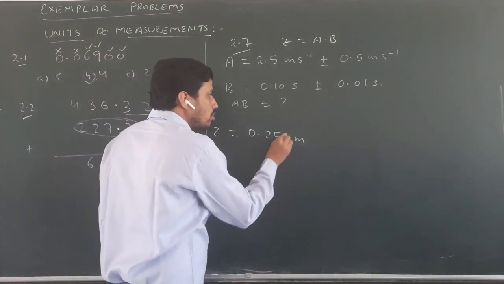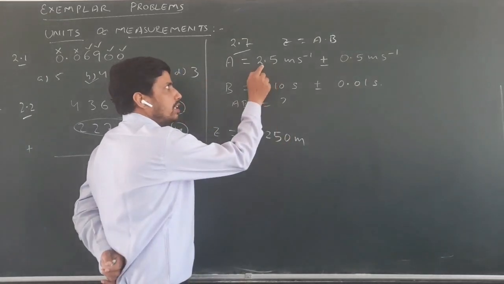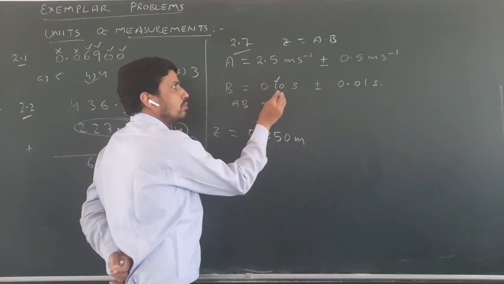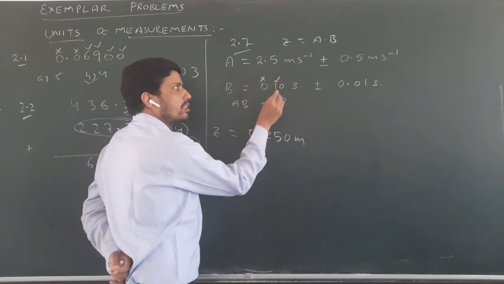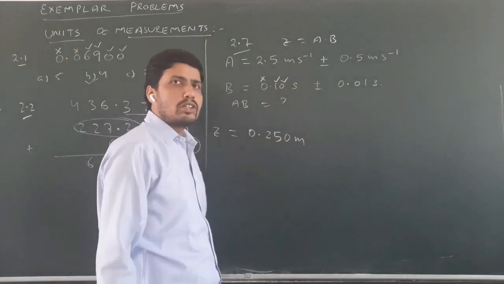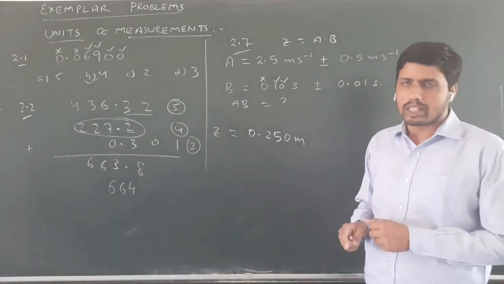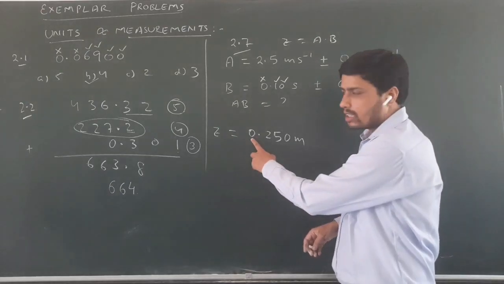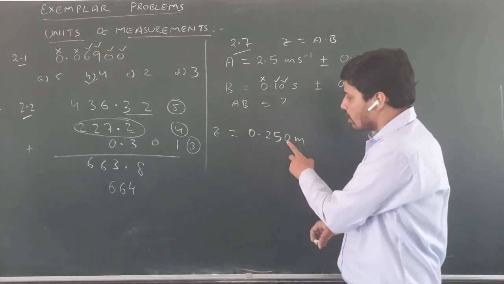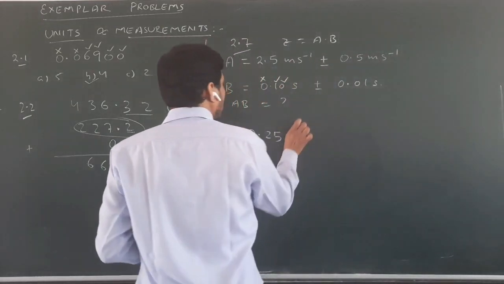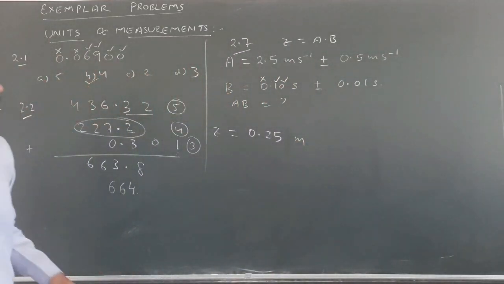Now whether we should put 0 or not. First of all, see how many significant digits are there? 2. Here, this 1 is significant, this 0 is not significant, this 0 is significant. So there are 2 significant digits. Therefore, our answer should also have only 2 significant digits. So this 0 is not significant, 2 and 5 are significant. So this 0 you need not put. So the correct answer will be 0.25 meter.